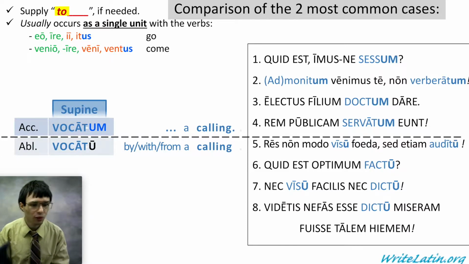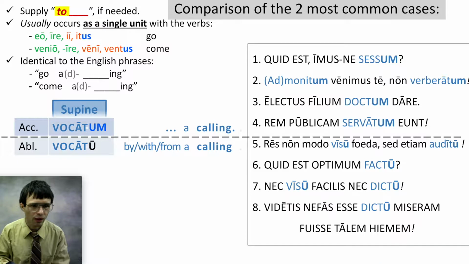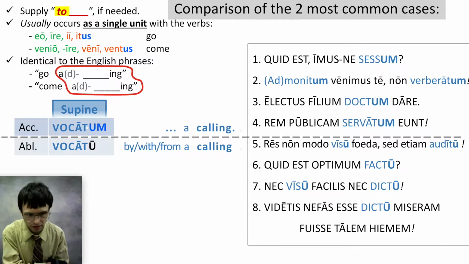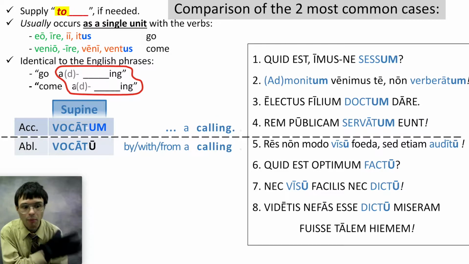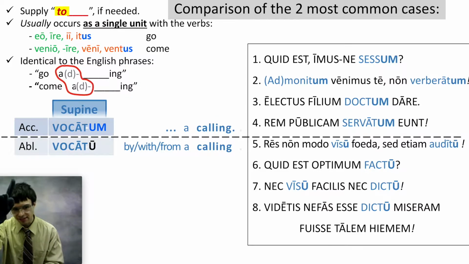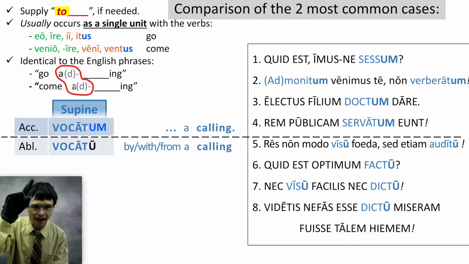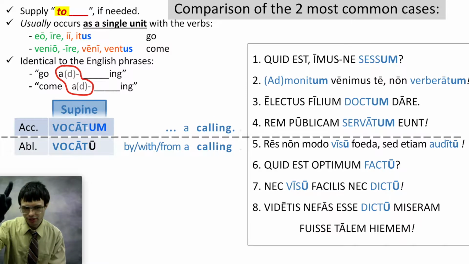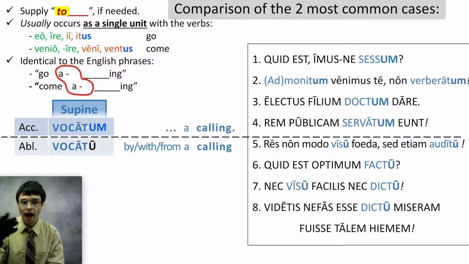So when it's used in combination with go or come, the way you translate it is a-blanking, like go a-blanking or come a-blanking. Now you notice I have an a there, because that's the Latin, ad blanking. But I'm pretty sure this came from Latin straight into English, with the a- being what used to be the ad. In English it's just a-.